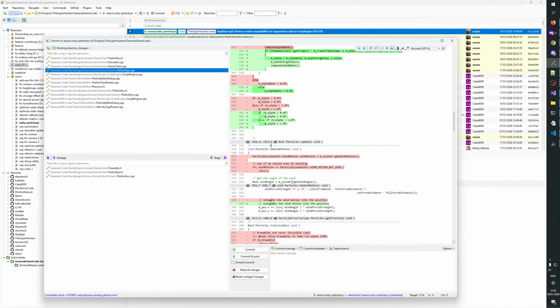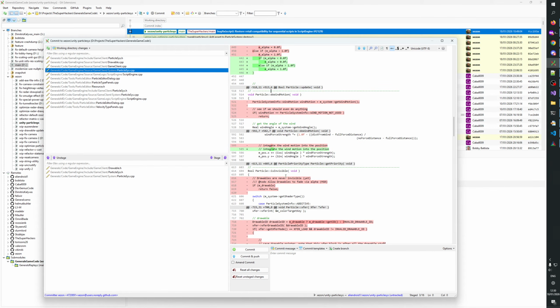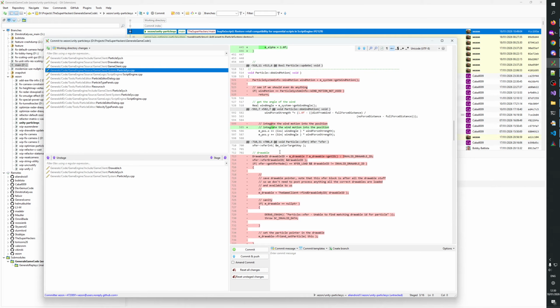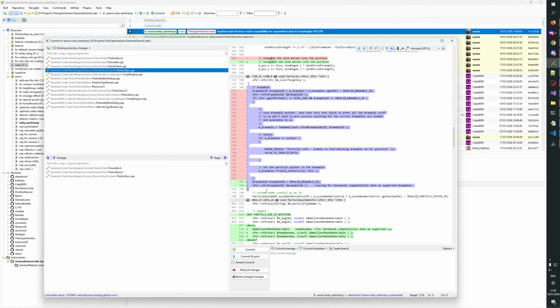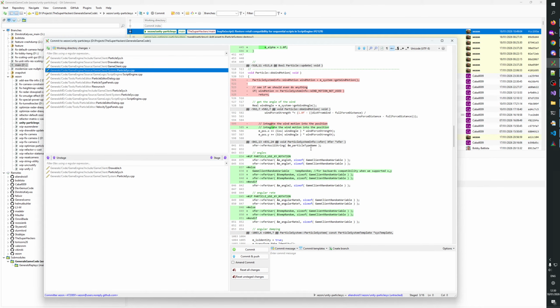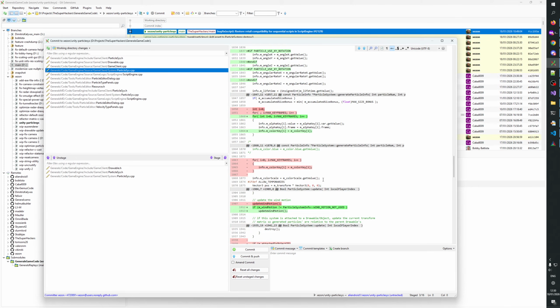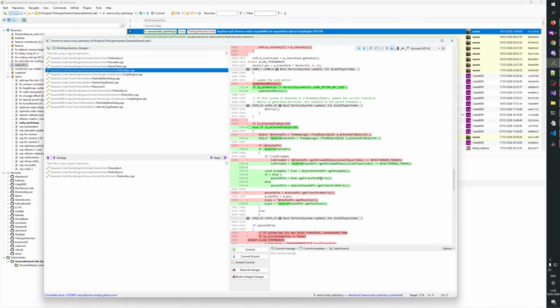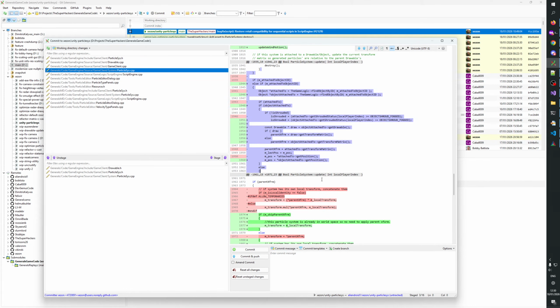This one, drawables. This one. To object.